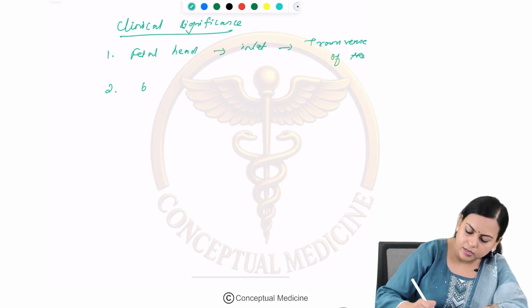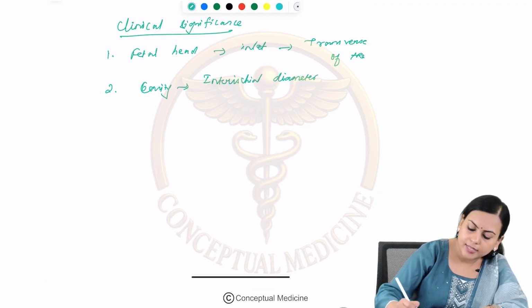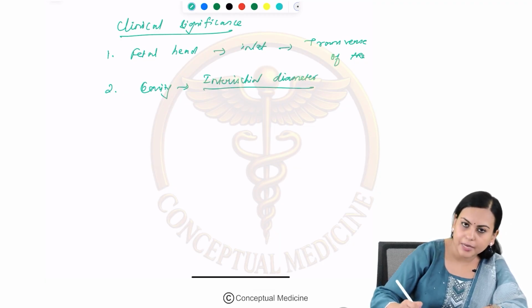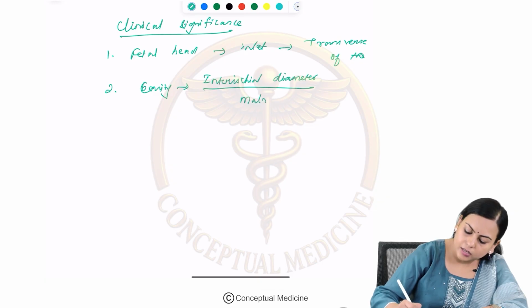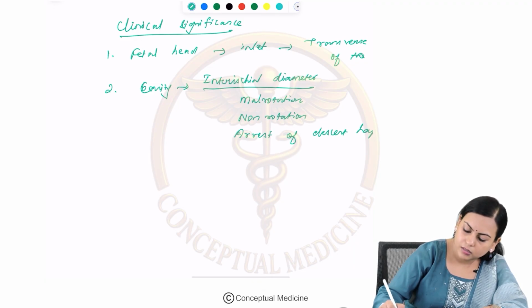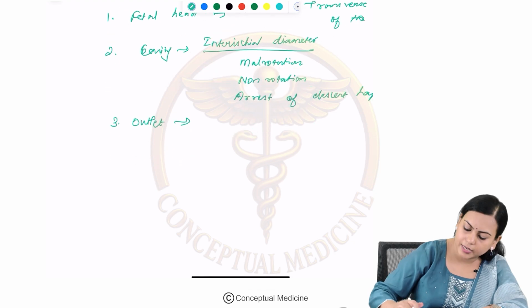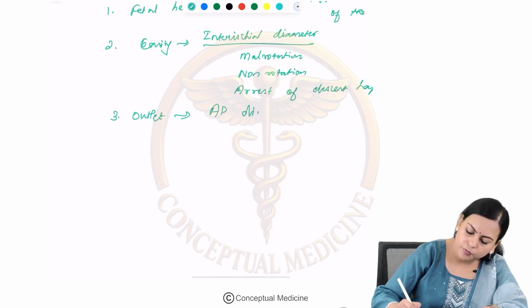Then, in the cavity, the most important diameter is the interischial diameter, at the level of ischial spines, because there only malrotation or non-rotation or arrest of descent happens. Third one, in the outlet, the fetal head passes in the anteroposterior diameter.